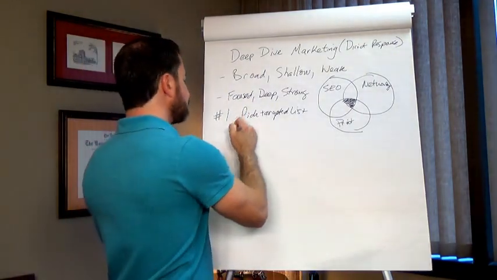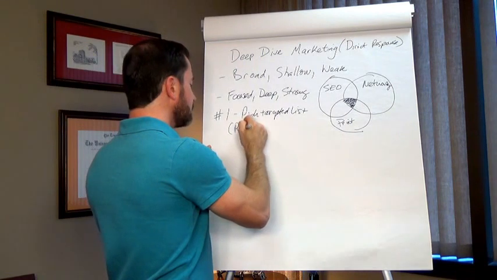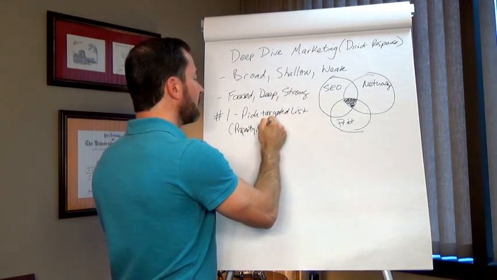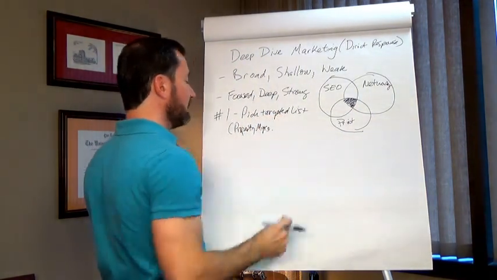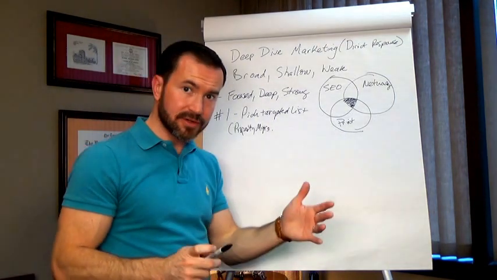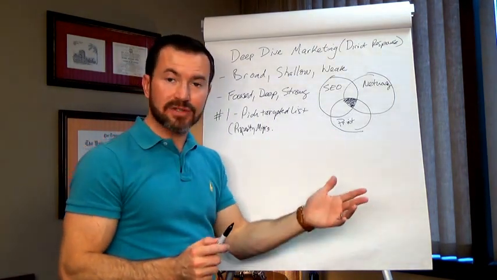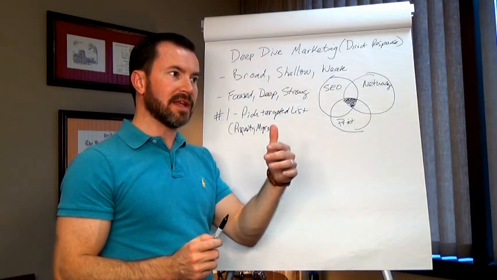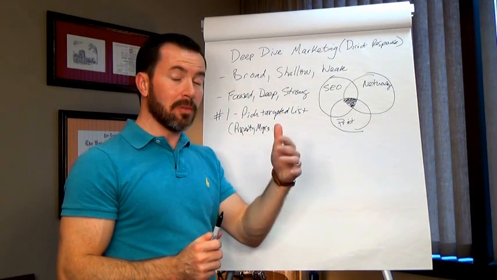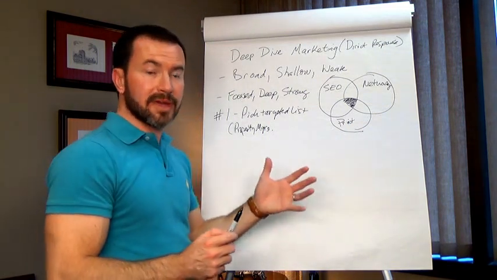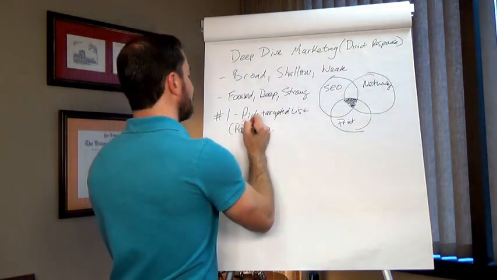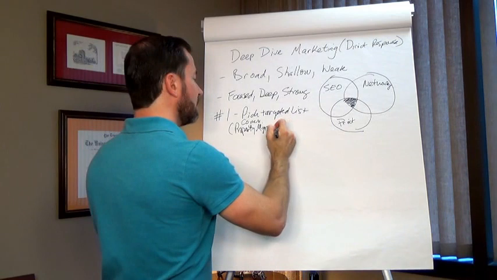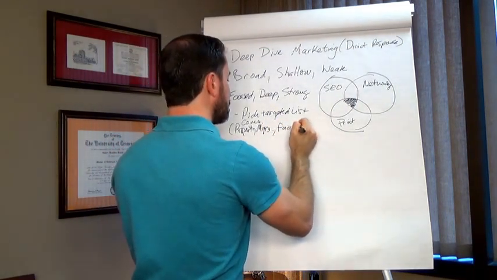That could be property managers, and by that I do not mean apartment complexes. I mean those who manage strip centers, people who manage Class A office space, people who manage homeowner associations, property managers, commercial property managers. It could be facility managers.